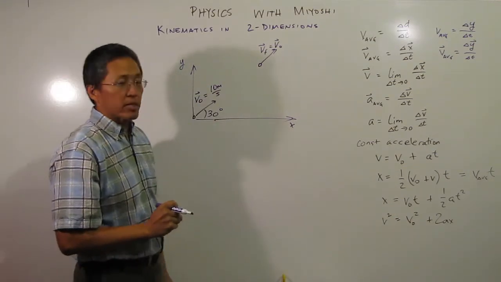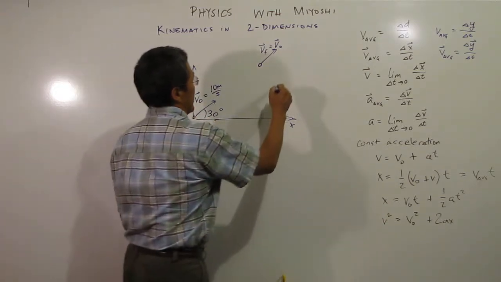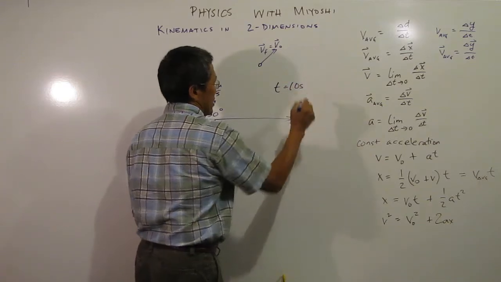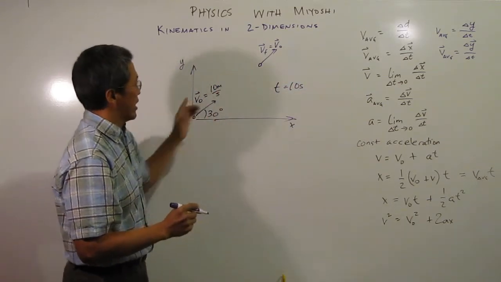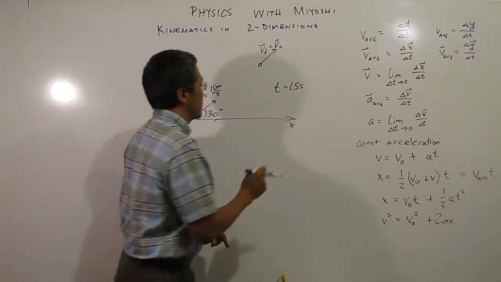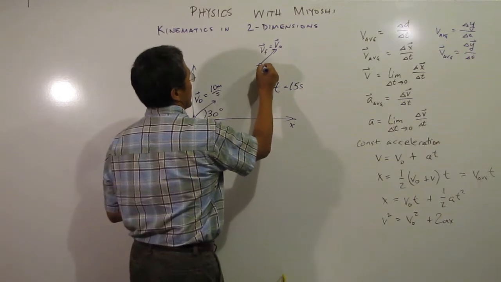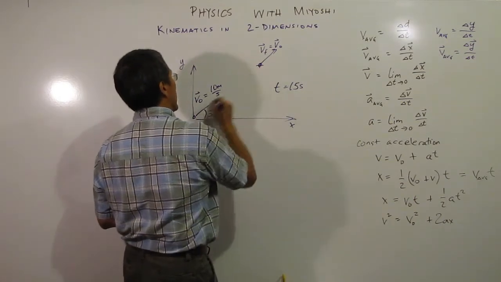How far did this guy get displaced in a problem like this? Well, if we know the time is 10 seconds, for instance, well, let's use 15 instead. 15 seconds. We can see that it went 150 meters to get here, but it's along this line here.